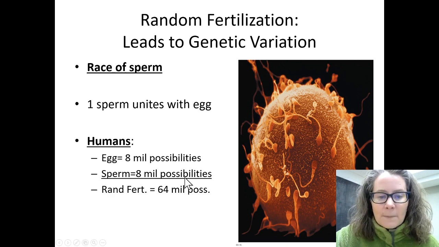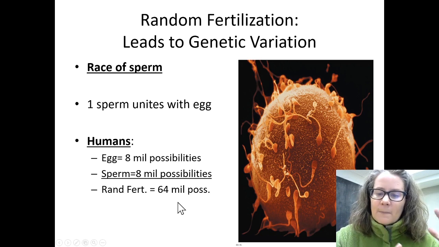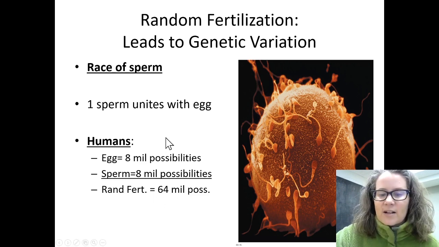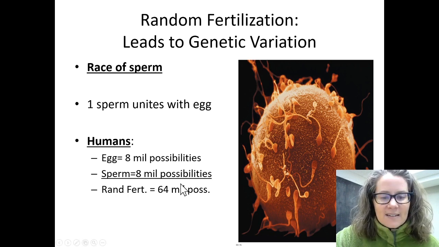So for each couple, there is 64 million possibilities of sperm and eggs and their combinations. So this gives us a lot of possibilities, and this is without bringing in crossing over. That gives us even more. This is why siblings don't look the same. They don't act the same, right? They don't have the same traits, behaviors, etc., because there's so many possibilities between these sperm and eggs.